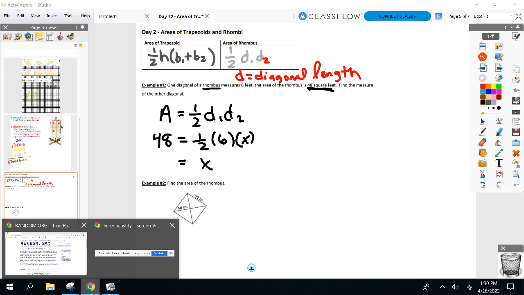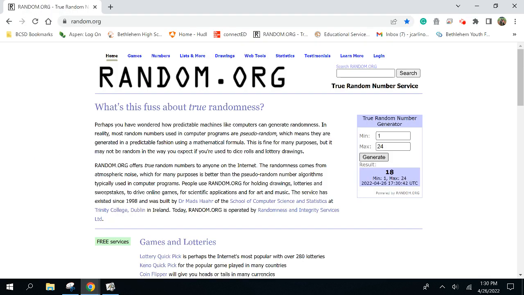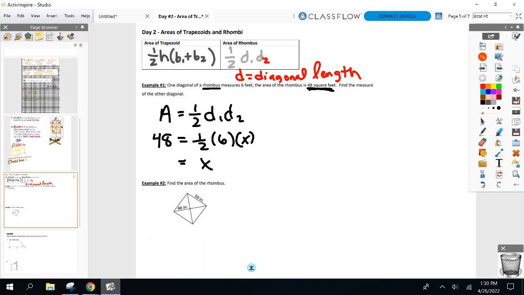And the other length of the diagonal, what are we looking at here? 16. Feet, thank you.